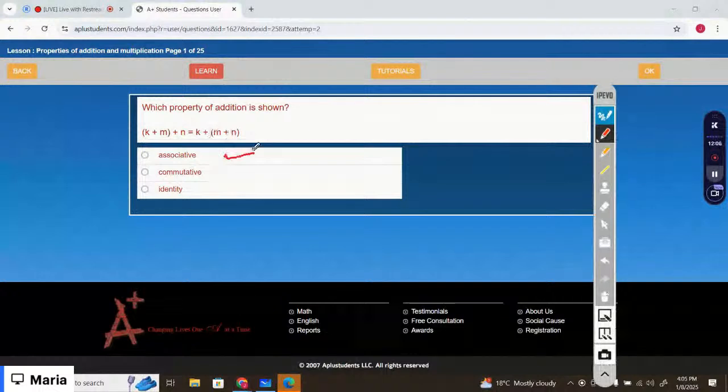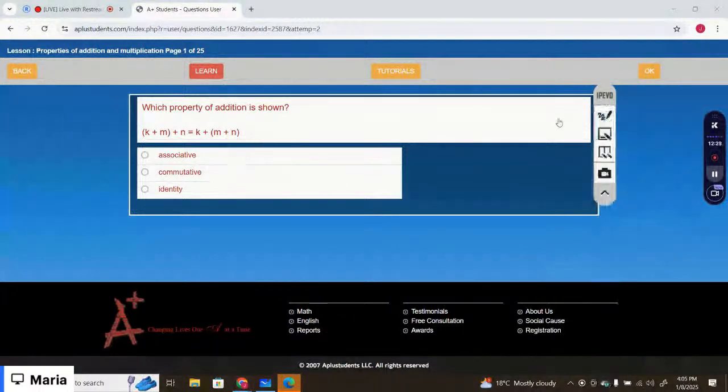That is the associative property. Option number one is the correct option. That is the associative property.